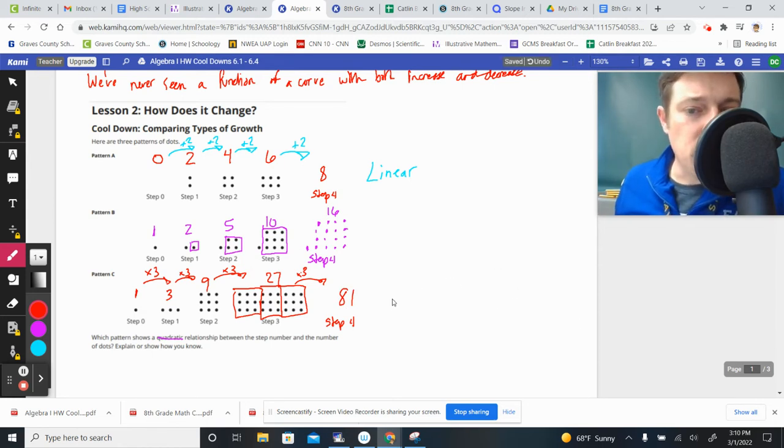That we've come to know is an exponential type of relationship. But they want us to pick the one that's quadratic, so by process of elimination, this is the one that turns out to be quadratic.